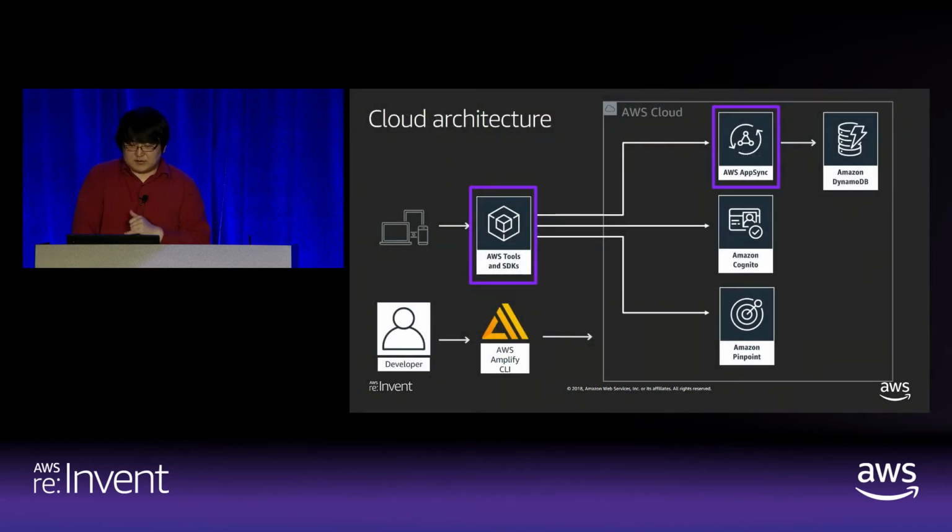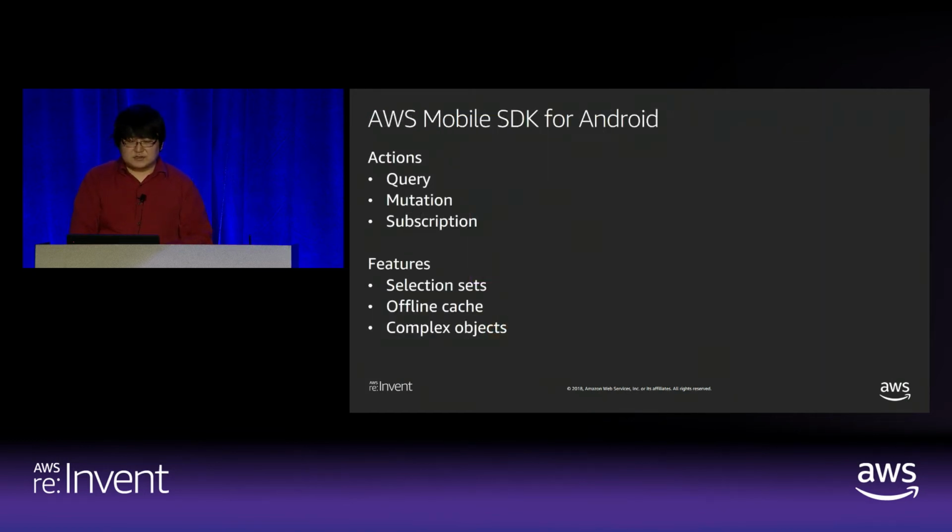The next is how do we interact with AWS AppSync. So it's generated a bunch of GraphQL queries, mutations, and subscriptions, but that doesn't really work well with our Java or Kotlin code. So what the SDK does is it'll actually take these actions and create the Java interfaces for them, and by extension, Kotlin will be able to use that as well.